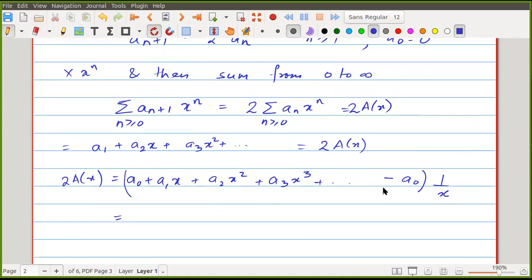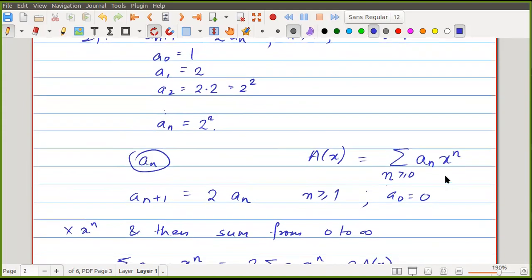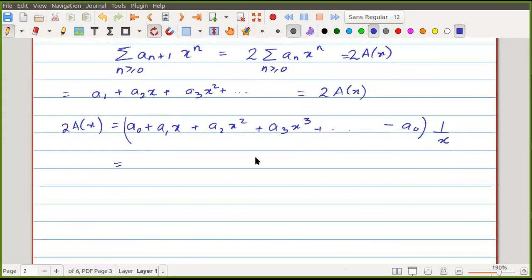Ma'am, if A0 was 0, then we couldn't have done this, right? Even if a0 was 0, for x equal to 0, I already know the answer. X equal to 0 is actually just the a0. So we ignore that part and we come here, and this inside thing now you can see clearly is ax, but I have subtracted one term because I had to add it to attain ax, and this is divided by x.